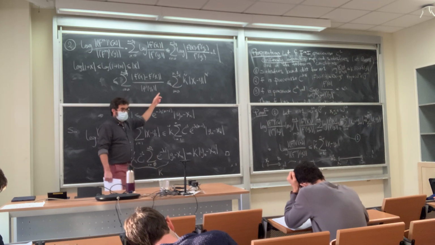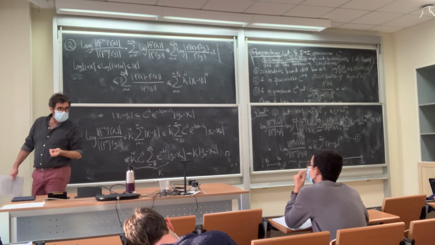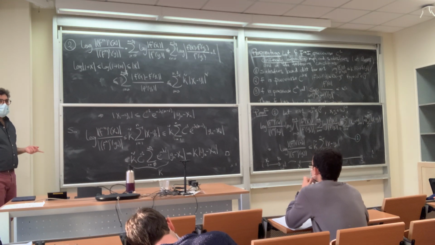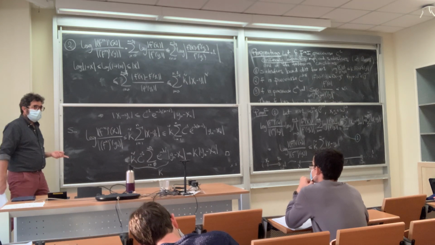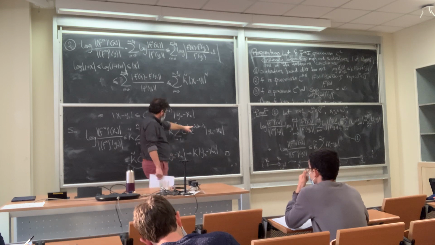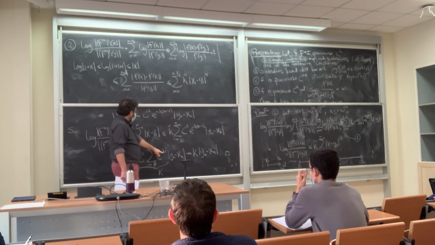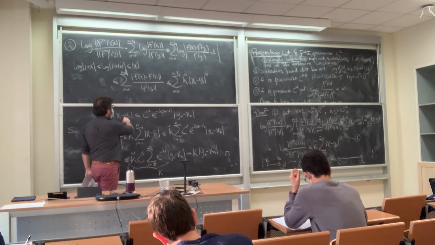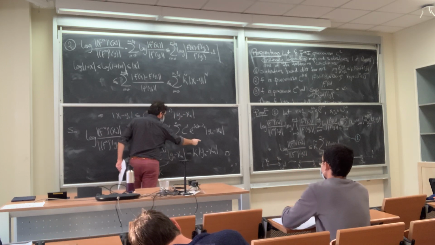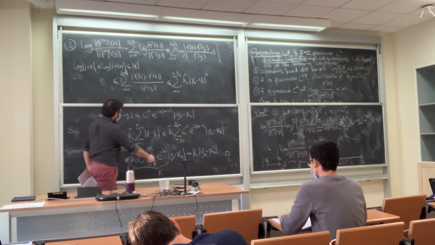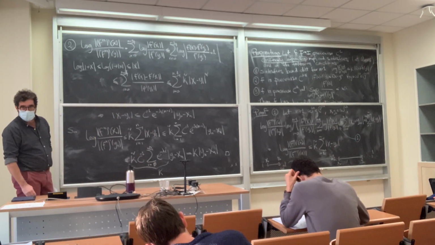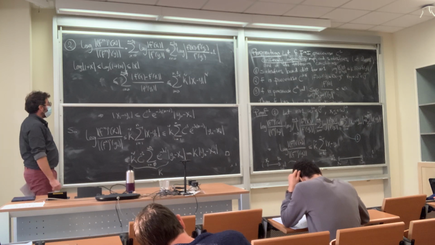And now, what do I do with this? The same as before. Exactly. It's exactly the same as before. We just have an extra alpha, but this alpha goes into the constant here. So we still get a uniform bound exactly as before.